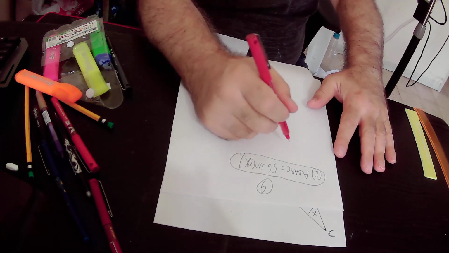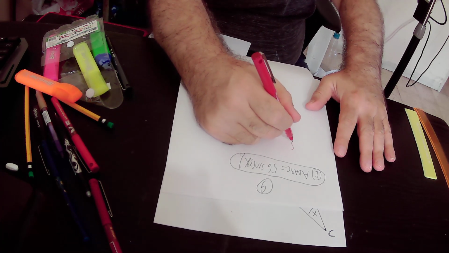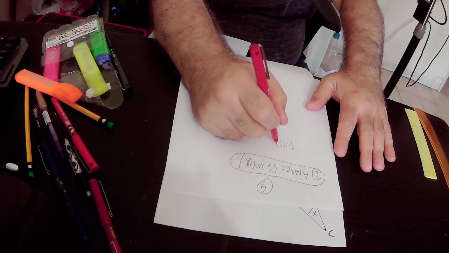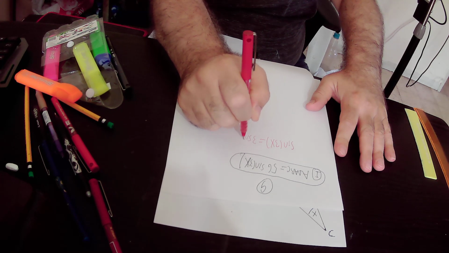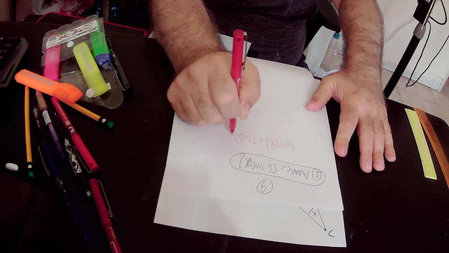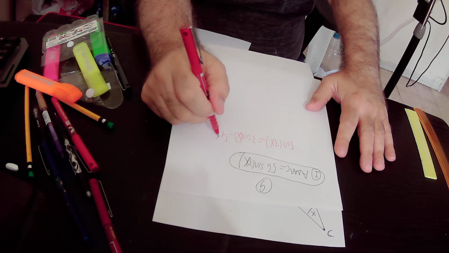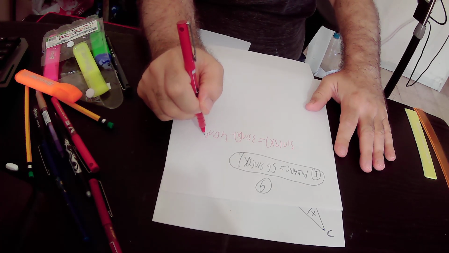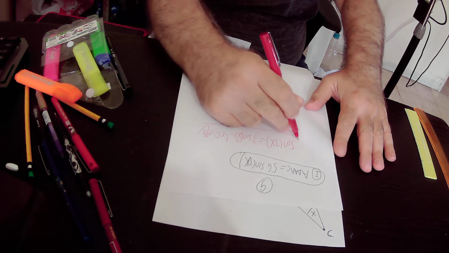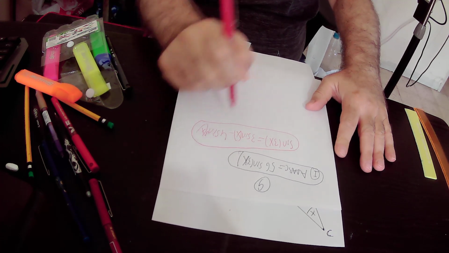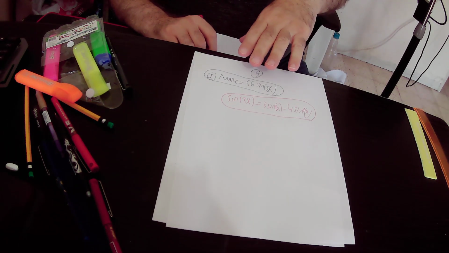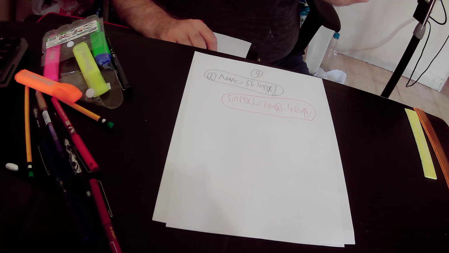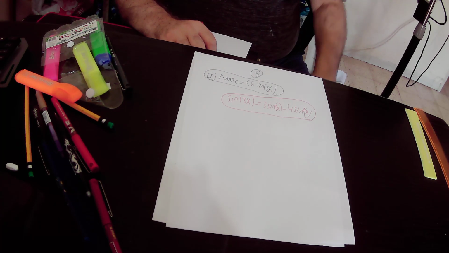According to this trigonometric identity, the value of sine 3x equals to 3 sine x minus 4 sine cube x.